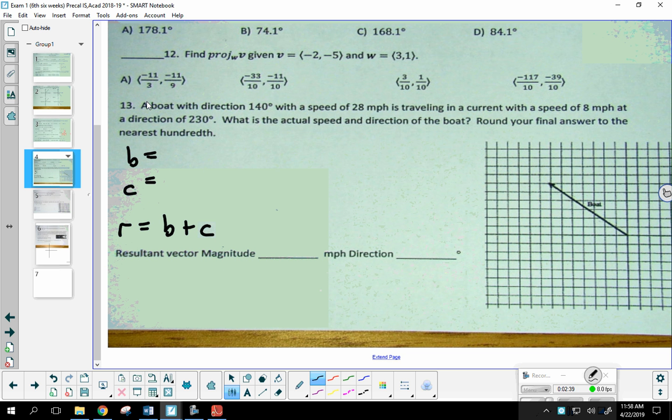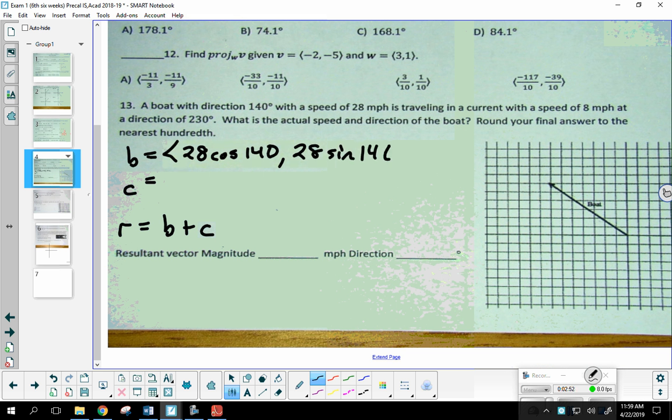Okay, so the boat's going in the direction of 140 degrees with a speed of 28 miles per hour. So that would be 28 cosine 140, and then 28 sine of 140. And then we'll figure out what the decimal value is in just a second.